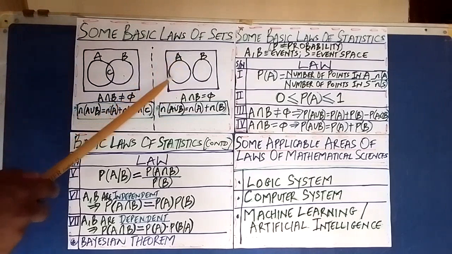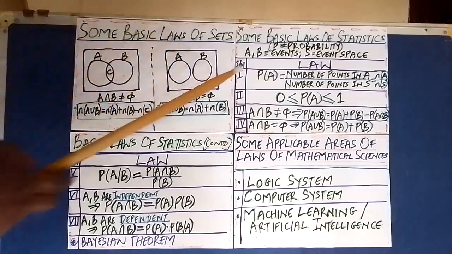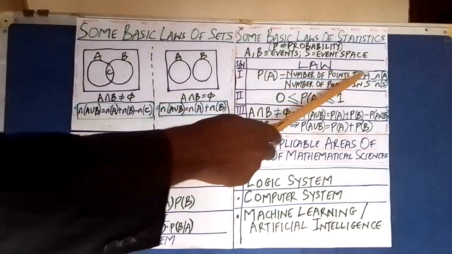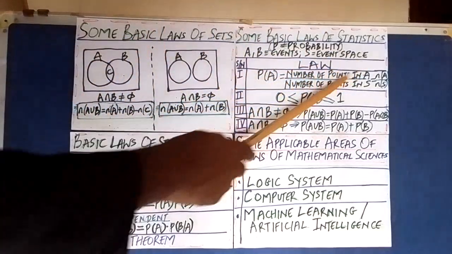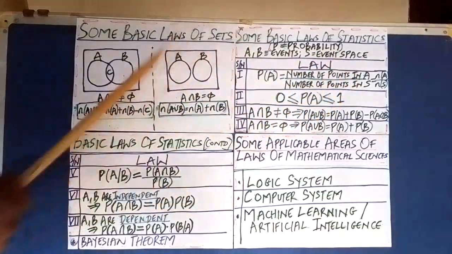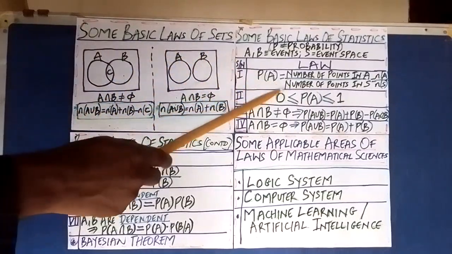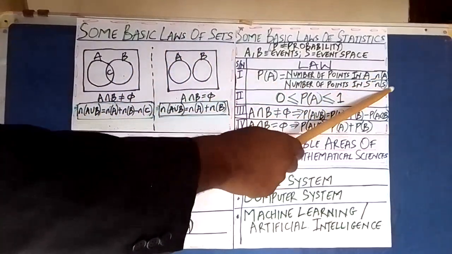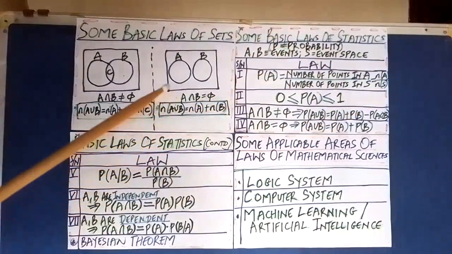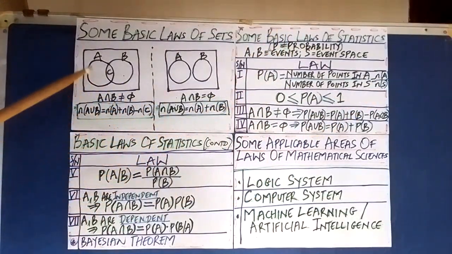The probability that A will occur is to count the number of points in A, the elements in A, and then divide by all possible points you can have. So N(A) over N(S). That's the first law of statistics.